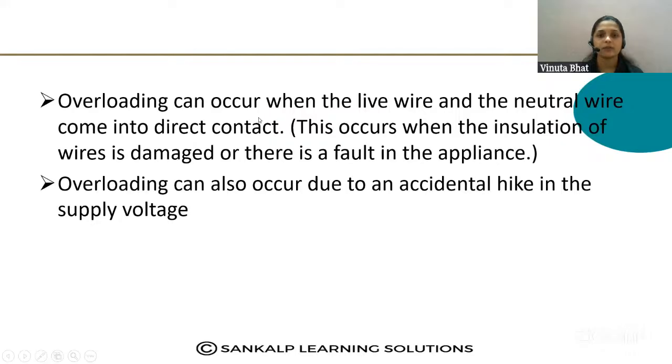Overload can occur when the live wire and the neutral wire come into direct contact. There are three types of wire: earth wire, live wire, and neutral wire. When does the live wire come into contact with the neutral wire? Let me imagine.